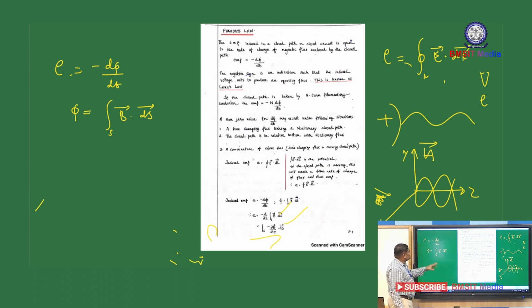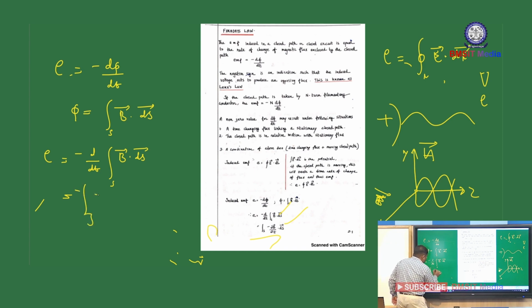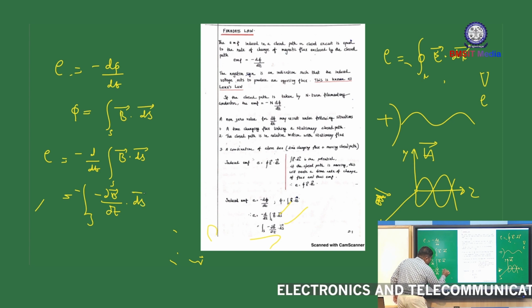Let us substitute this in the above equation. So E is equal to minus d by dt of the surface integral of B dot ds, right? Let us take the derivative inside the surface integral, with the negative sign. So minus dou B by dou t dot ds.